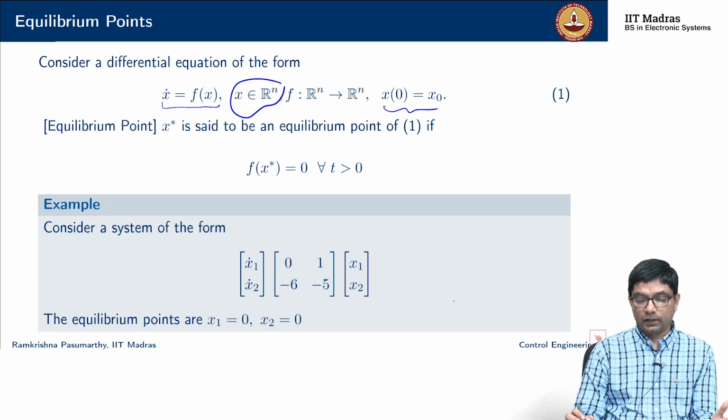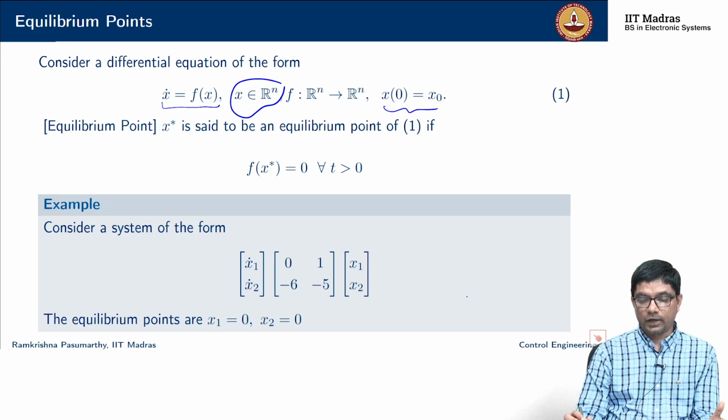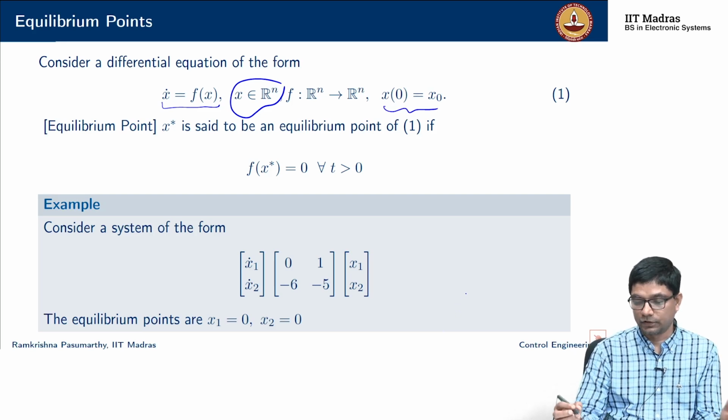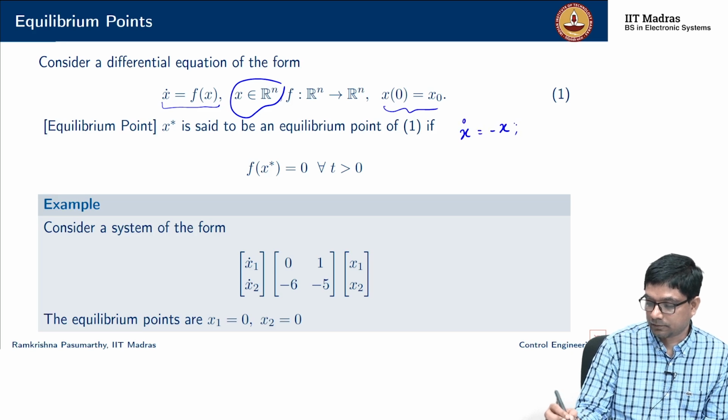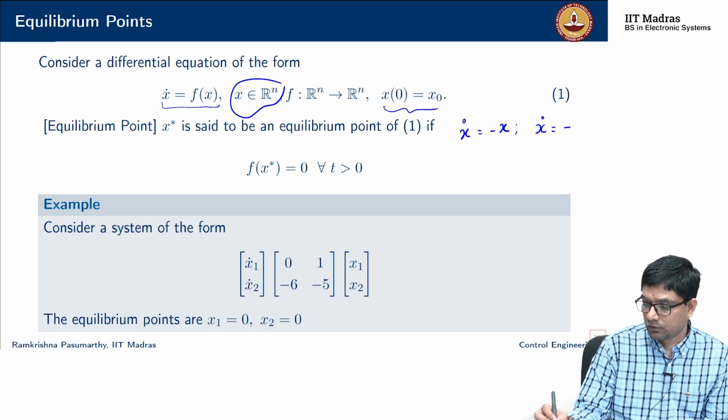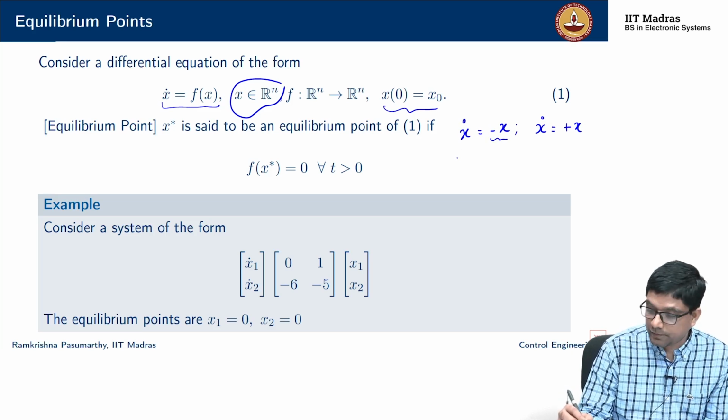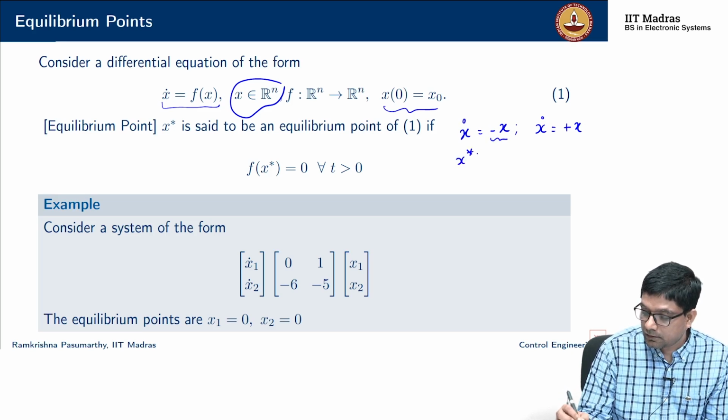A point x star is said to be an equilibrium point if f of x star equal to 0. In the examples I had, x dot equal to minus x and x dot equal to plus x, I just put f of x equal to 0. At what point is f of x star equal to 0?